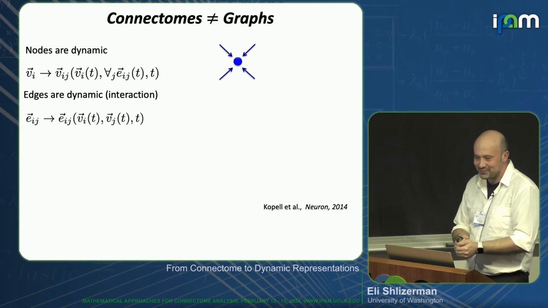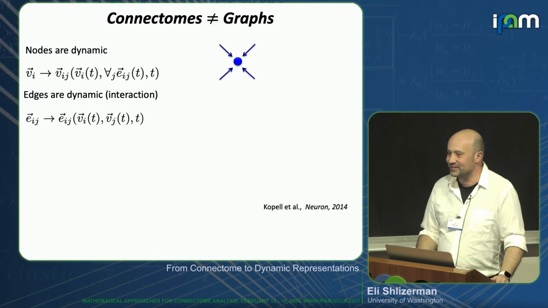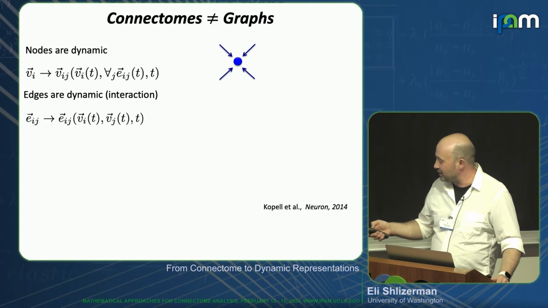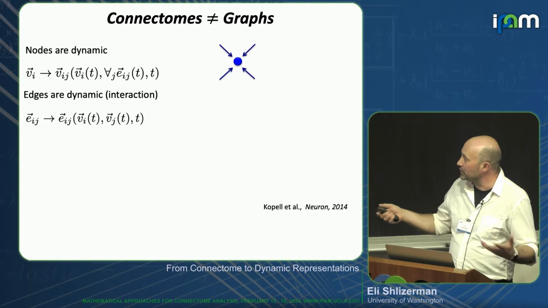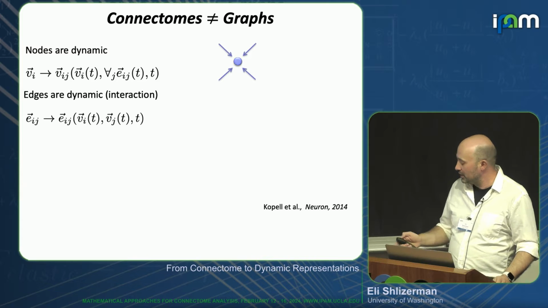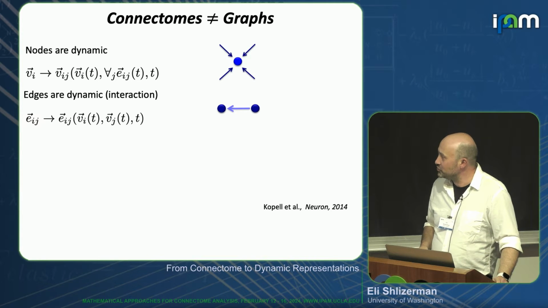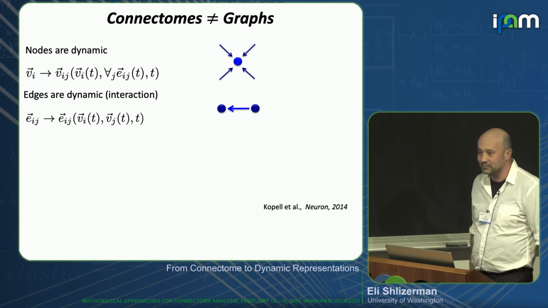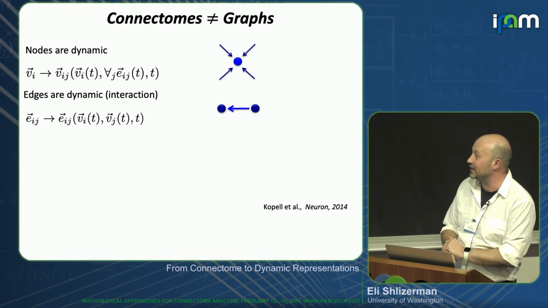In graphs, nodes are static. Here, we need to consider that nodes are neurons, so they are dynamic and will receive input. And edges are also dynamic. These are the connections, and chemical connections will be very different from electrical connections.